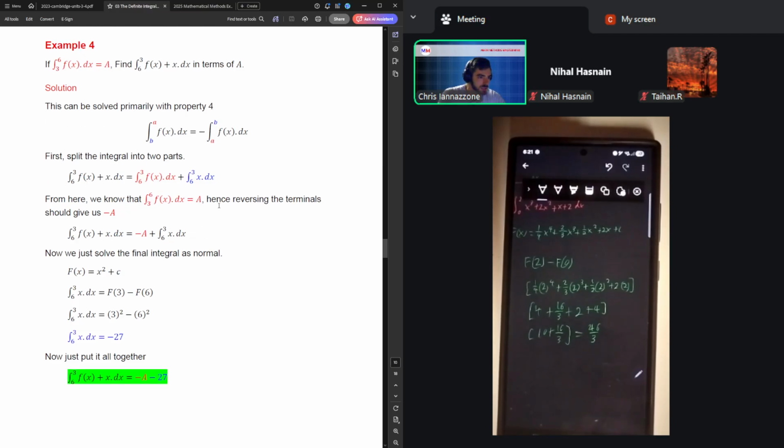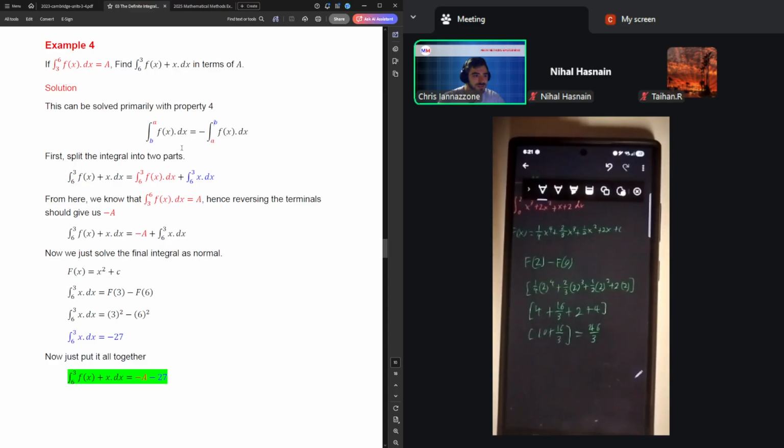Lastly is one that I haven't quite discussed yet, which is if you reverse the order of the terminals, so instead of having A on the bottom and B on the top, the other way around, it's the same as getting the negative of whatever the original integral was. Literally, all we're doing is flipping the order of the subtraction.